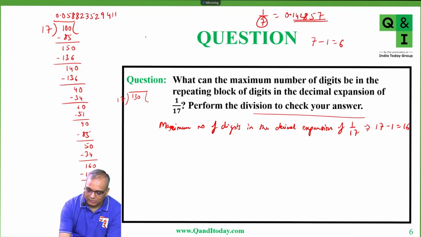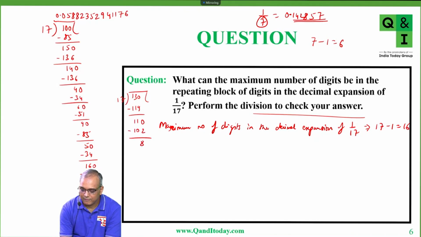So 17 times 7 is 119. So we have 11, right? 110. So 17 times 6 is 102. We have 80. 17 times 4 is 68. We have 120. 17 times 7 is 119.